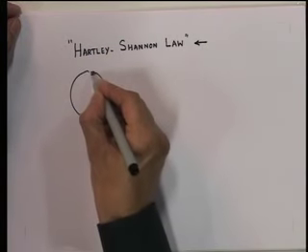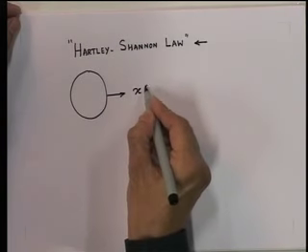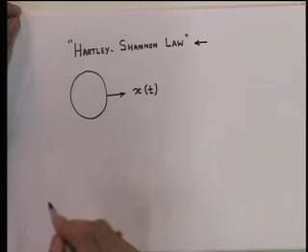A continuous information source produces a time varying signal denoted by x(t).